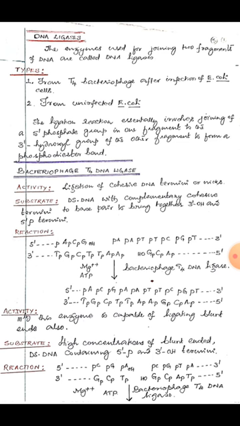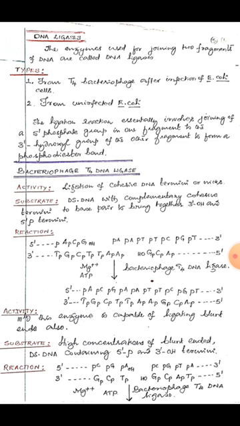So T4 bacteriophage is one such virus whose host is Escherichia coli. So once T4 phage infects E. coli cells, it starts producing the DNA ligases, and those DNA ligases are extracted.